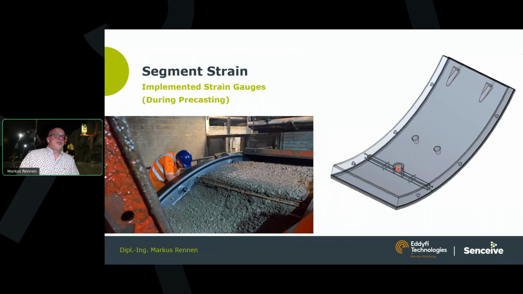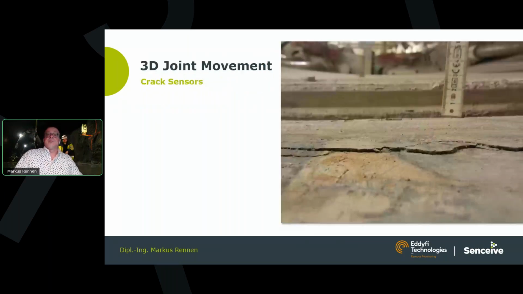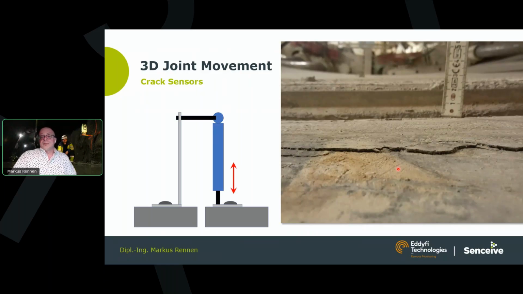The deformation itself, of course, can lead to displacements in the joints of this kind of tunnel, which can, of course, have significant amounts. The scope of this displacement can be significant, which of course then destabilizes the tunnel, and we can use automated crack sensors to measure these kind of displacements.